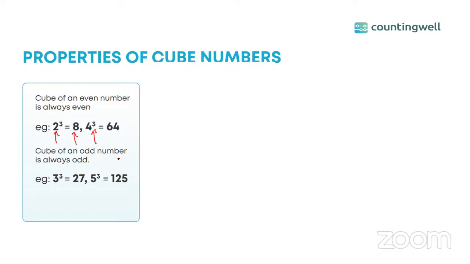Similarly, for 4, which is an even number, the cube of 4 is 64, which is again even. Also, the cube of an odd number is always odd. So the cube of the odd number 3 is 27, which is again odd. The cube of 5, which is an odd number, is again an odd number, which is 125.